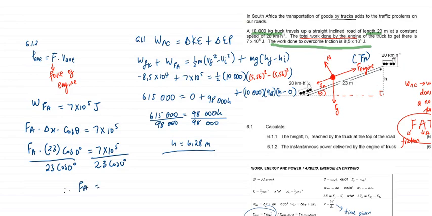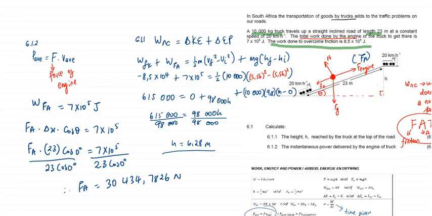If you use a calculator there, it's going to be 7 times 10 to the power 15, you divide by 23, so that's going to be around 34,478.26 newtons. Now I'm rounding off to 4 decimal digits because it's not my final answer.